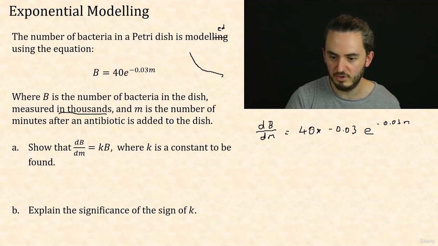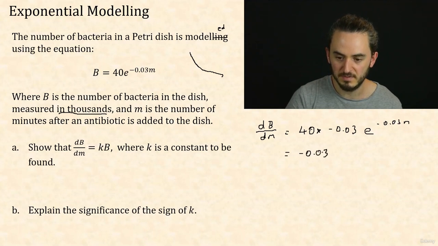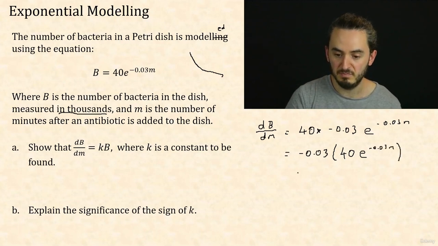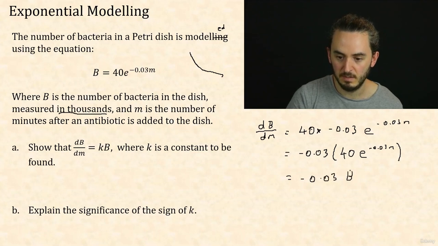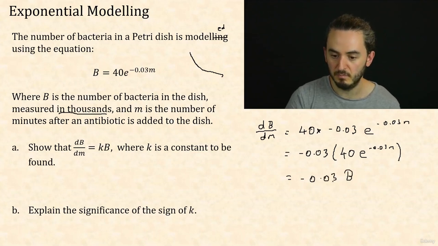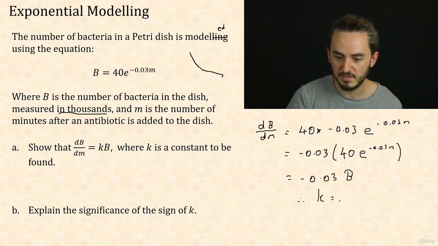Well, sure it is. It's just minus 0.03 times B, because it is minus 0.03 times 40e to the minus 0.03m, and that bit is just B. So it's just minus 0.03B. So we've differentiated it, and we found that in fact k was minus 0.03.